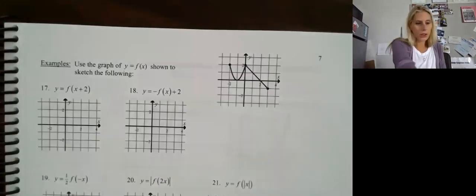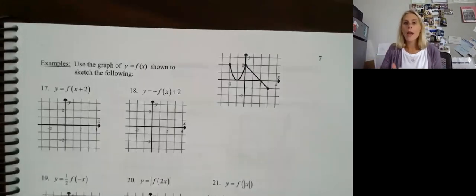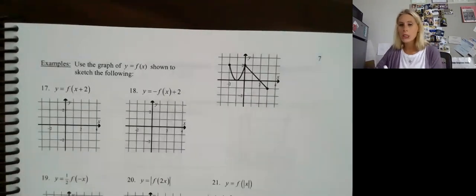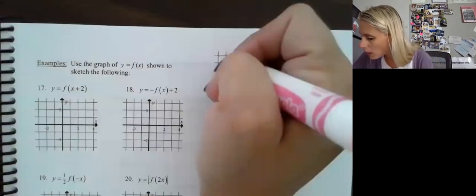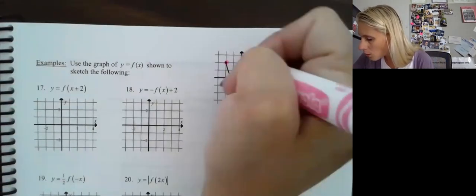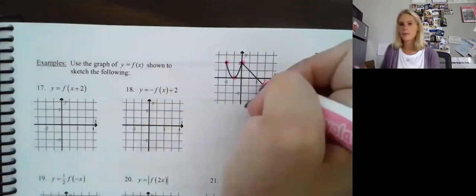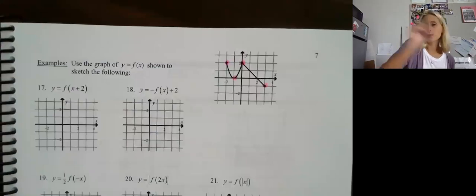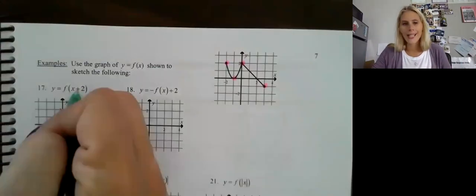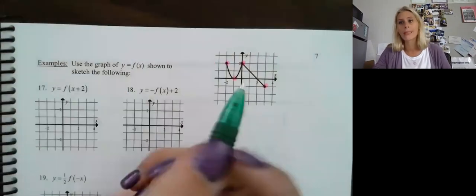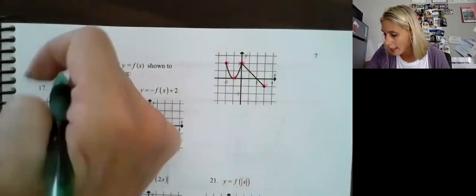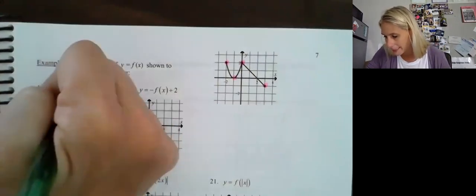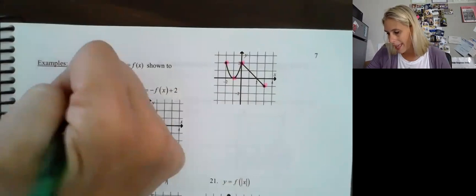Okay, so first of all, I am going to show you that when you have a random function like this, the f of x function, it is easier to pick coordinates that you are going to move and then draw everything else in. So if you see, we are adding on the inside, which means left or right, but since we're adding, we're going to the left, because we have to think of it as opposite inside. So we're going left 2.